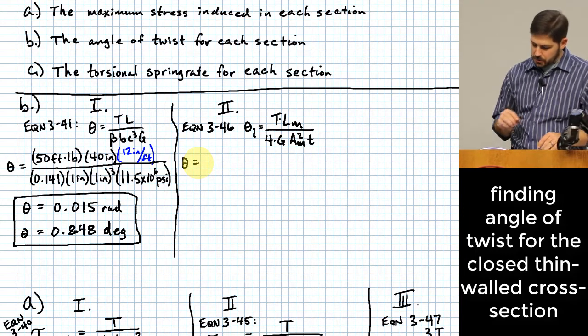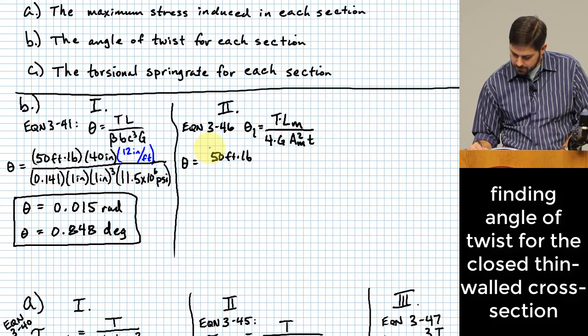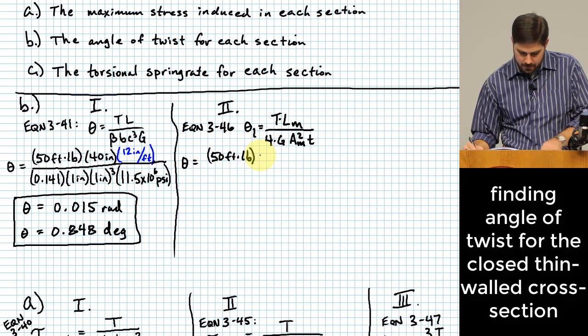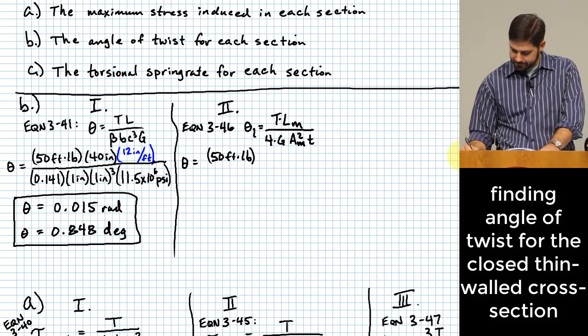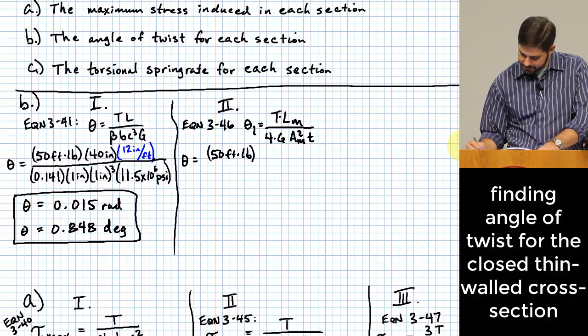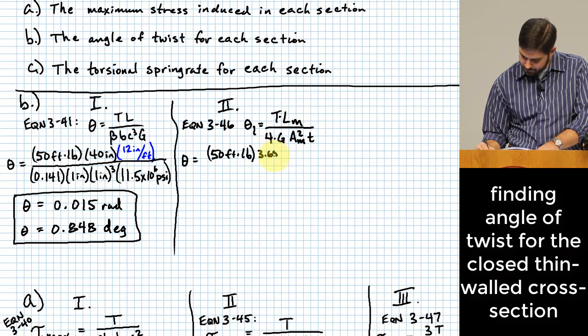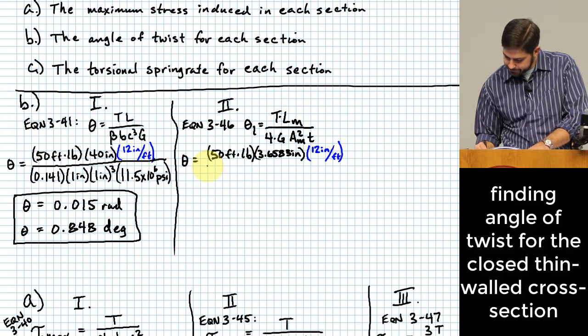Okay, so we'll start plugging things in there. We have 50 foot-pounds. L sub M is, remember, the length of the median line, which was 3.6583 inches. And I'll put in my conversion factor from feet to inches up there as well.